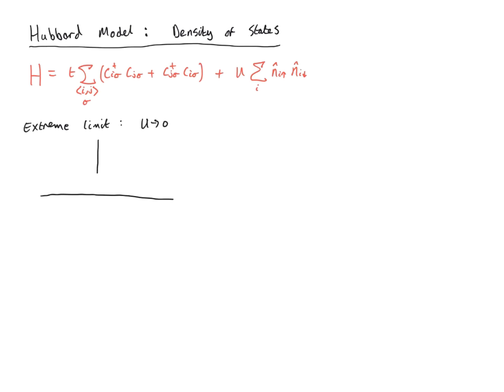So let's plot here the density of states, rho, as a function of the energy E, and then in the middle here we'll put the Fermi energy, EF.